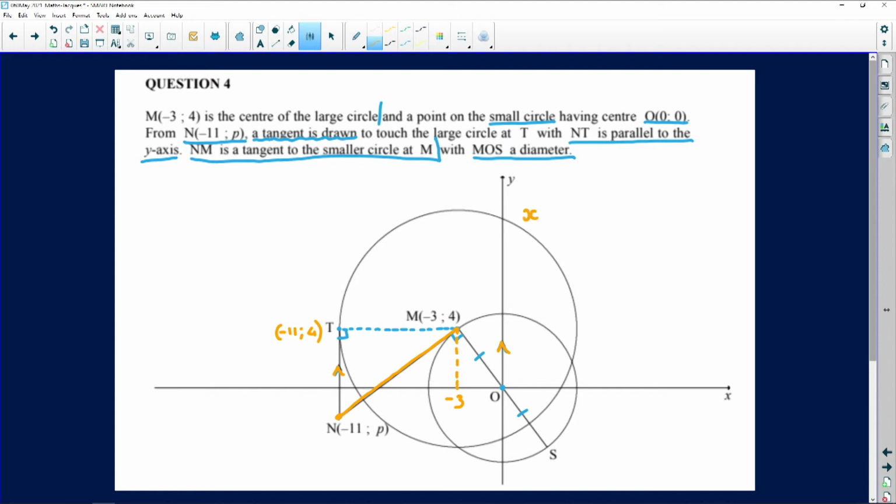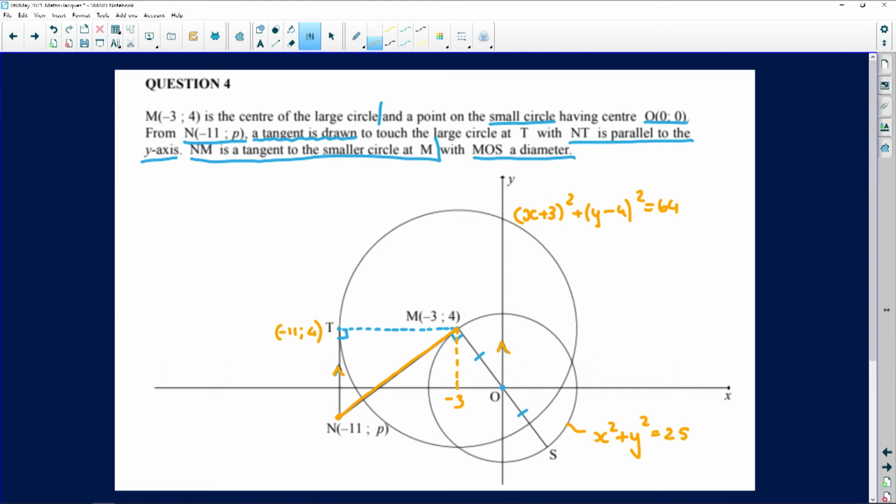X plus 3 squared plus y minus 4 squared is 64. And then we know that this equation is x squared plus y squared. And that was equal to, what? Let me just check again. That was equal to 25. There we go. So if we need it, we've got it.